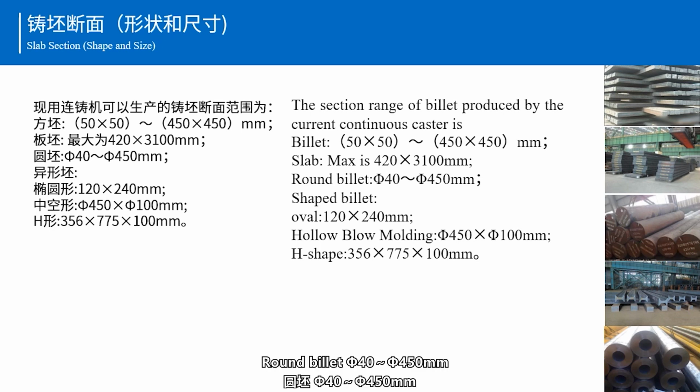Round billet 540 to 450 mm. Beam blank 120 times 240 mm. Oval 450 times 100 mm. Holy blue molding 356 times 775 times 100 mm. S shape.